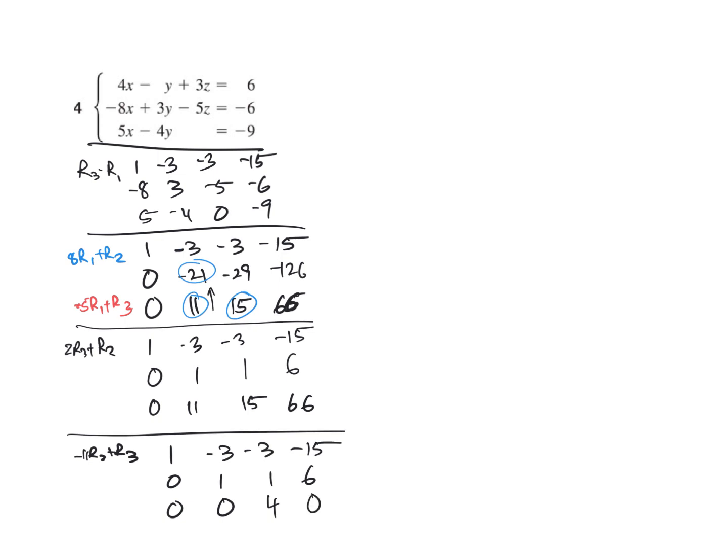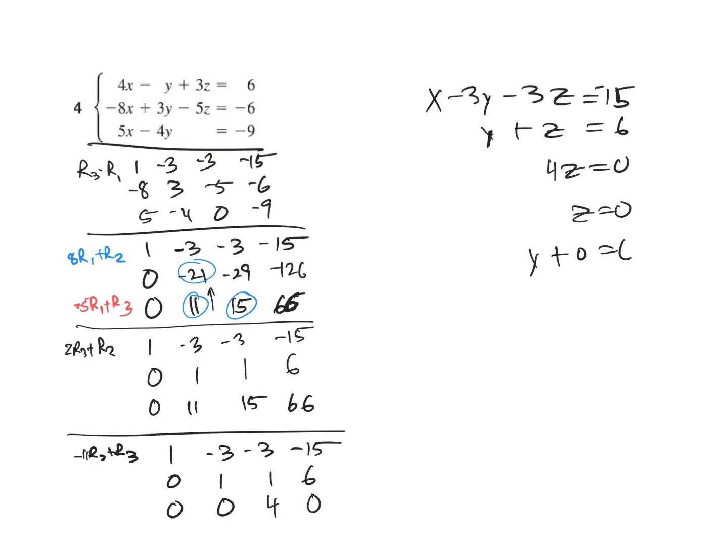Okay, so now we have enough to write this down. X minus 3y minus 3z is equal to negative 15. Okay, and then we have y plus z equals 6, and then 4z equals 0. So z is 0, and y plus 0 equals 6, so y is 6.